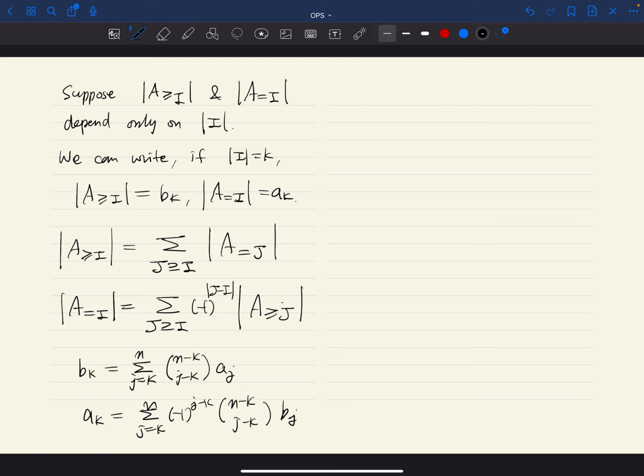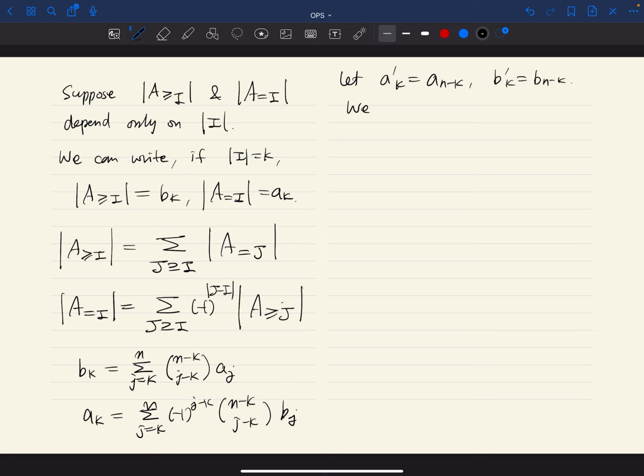And for some reason, just to make things nicer, we define a prime to be kind of the complement. Then I'm going to skip the details. This is just a simple computation. You can do it yourself.